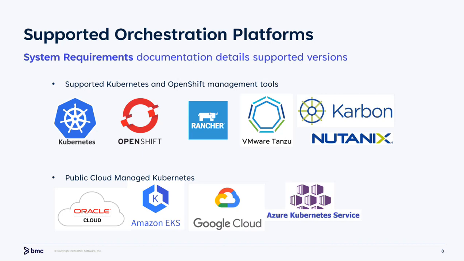But as I said, it's constantly changing. One of the key characteristics of the containerized world is that these software versions, particularly the orchestration platforms, upgrade very frequently, maybe as often as 3 or 4 times a year. So the BMC product releases, we're constantly updating those to work with the latest versions.